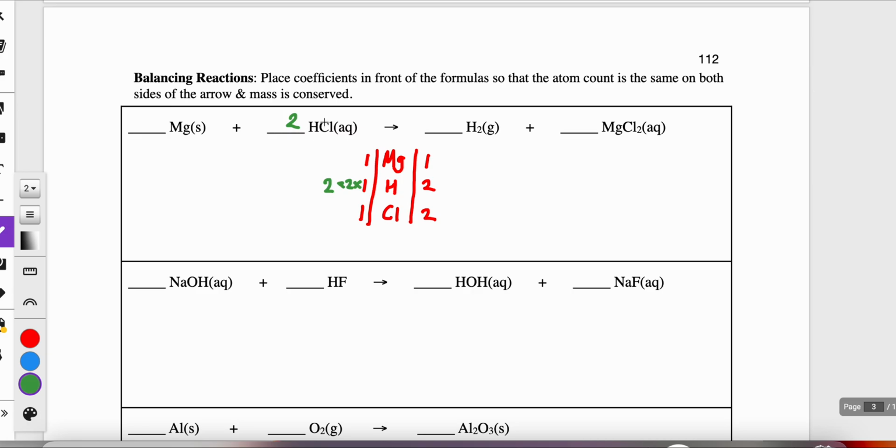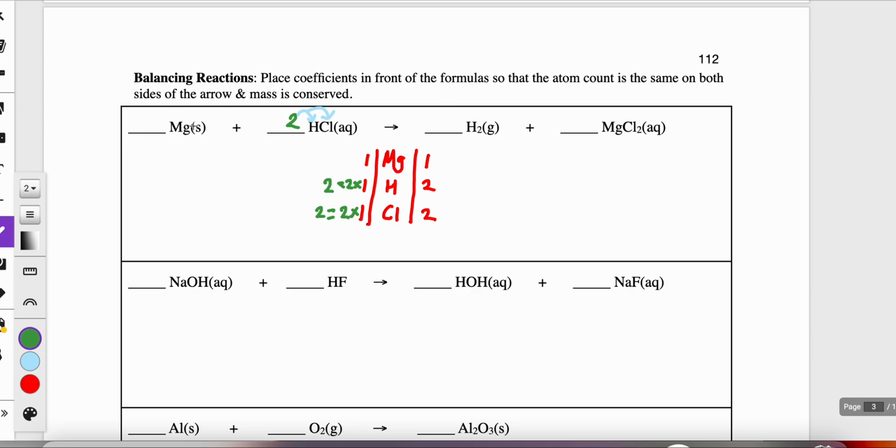But H is not by itself in this formula. So whatever I put out in front of HCl, it definitely belongs to the H, but it also belongs to any other element in that same chemical formula. So this 2 also belongs to the chlorine. So I also have to multiply chlorine's subscript by the 2, and so now I have 2 chlorines.